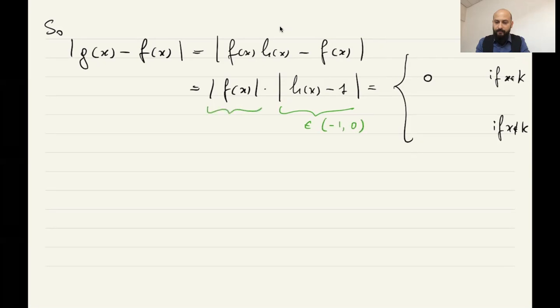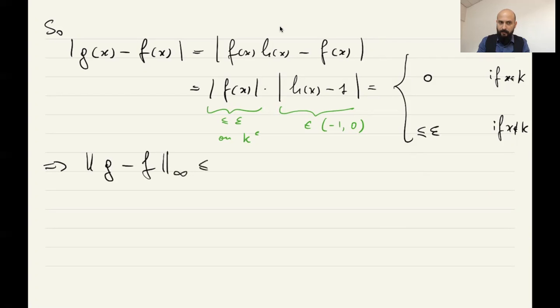Instead, this other part, on the complement of K, this was less than epsilon, by the way we chose K. And therefore this absolute value is less than epsilon. Okay, good. So the sup norm of this difference f minus g is less than epsilon.